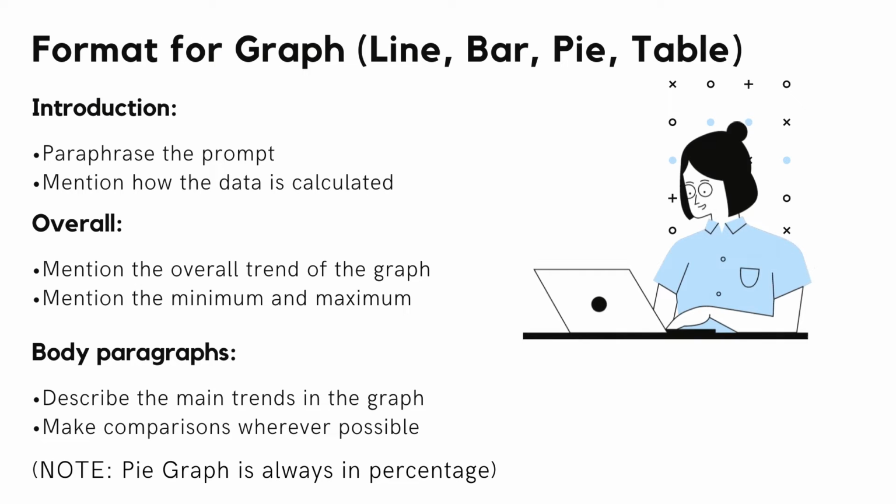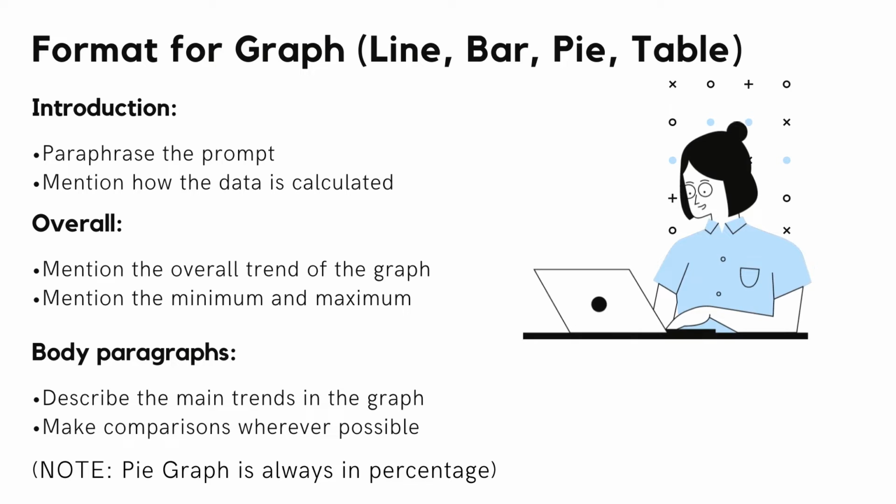Now let us see the body paragraphs. In body paragraphs, you should describe the main details in the graph along with the numbers. When I said the main trends, I meant to say that it is totally fine if you do not mention each and every trend in the graph. Just select the main ones and write them.